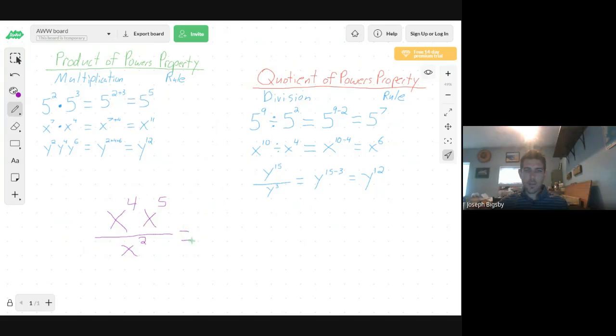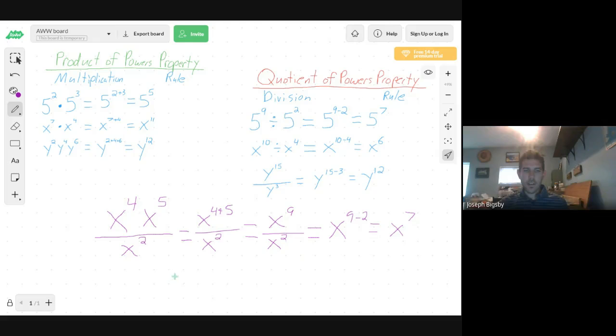Well, if I did that, I would put both rules together. On top, I would have x to the 4 plus 5. On the bottom, I'll keep that x to the 2nd. That gives me x to the 9th now on top, and still having the x to the 2nd on bottom. So I did my multiplication first, and then I can use my other rule of division, 9 minus 2, and that gives me x to the 7th power.